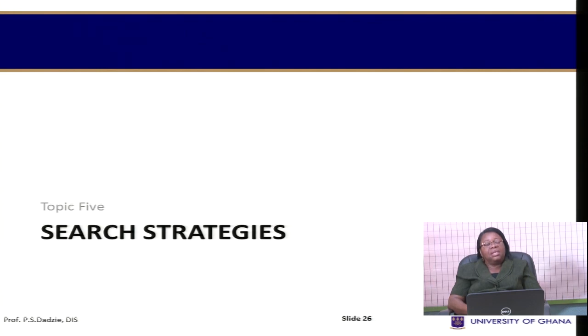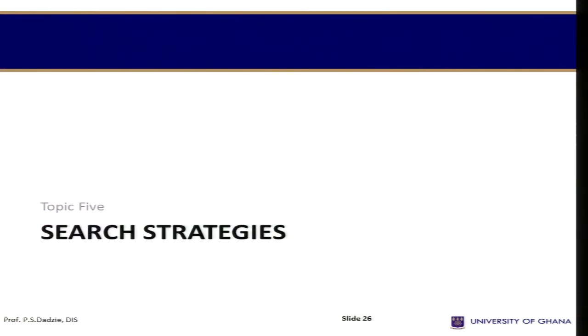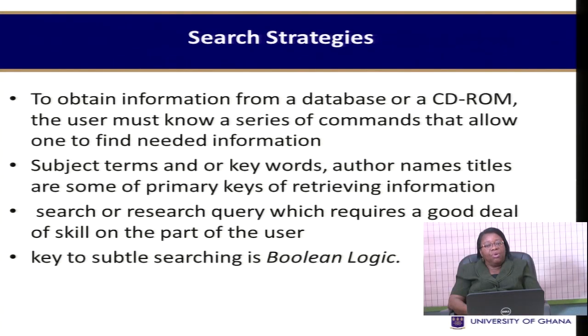I mentioned that to be able to use these databases, you need to be able to search them. So we are going to look at search strategies, and this is very important for you to be able to use the databases. To obtain information from the database or even a CD-ROM, you must know a series of commands that will allow you to search. Now, one important search strategy is the use of Boolean logic.